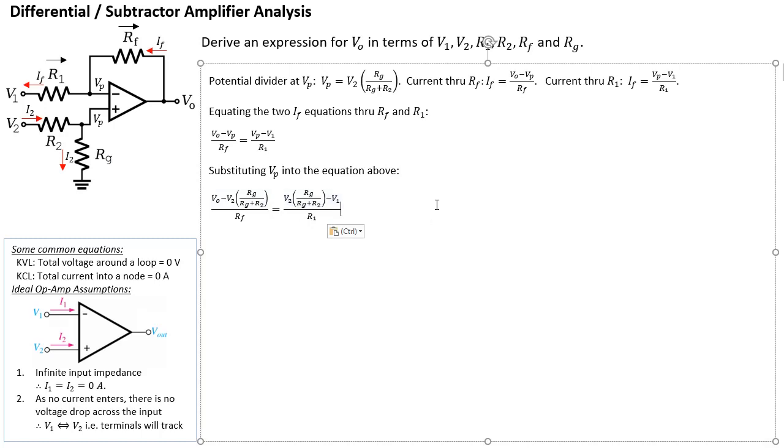Okay. All right, so next I'm going to put RF across to the other side. The idea is I want to isolate VO on one side, so VO equals something to the right.